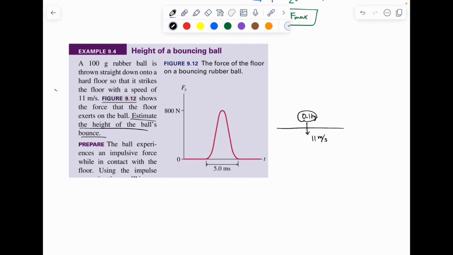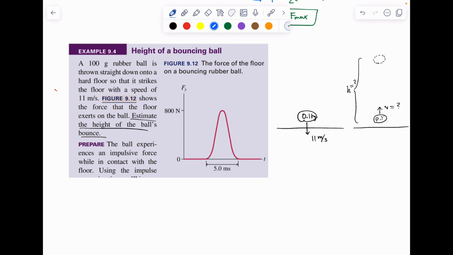Well, I believe this is talking about after it hits the ground, how high does the ball go up above the floor? So it's going to hit the ground. It's going to have some velocity going up, which we don't know. Still the same mass. But of course, eventually that ball is going to end up here at some maximum height, this is what we're trying to find.